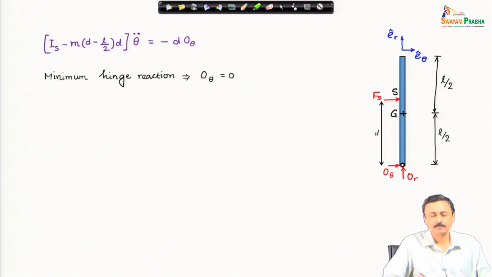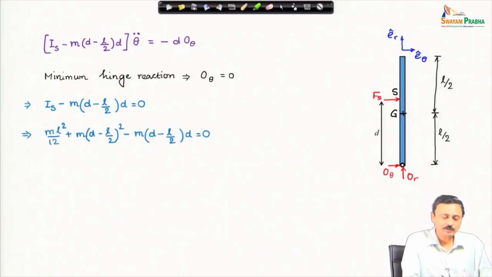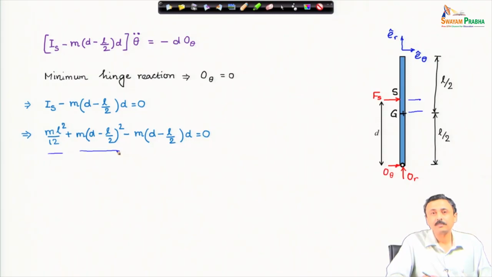Let us do that. So, for minimum hinge reaction, O theta is 0. I can find out I S, the moment of inertia about S, by using the parallel axis theorem. This is about G plus m d square, where d is the distance of shift, which is L by 2 minus d, that is the shift.